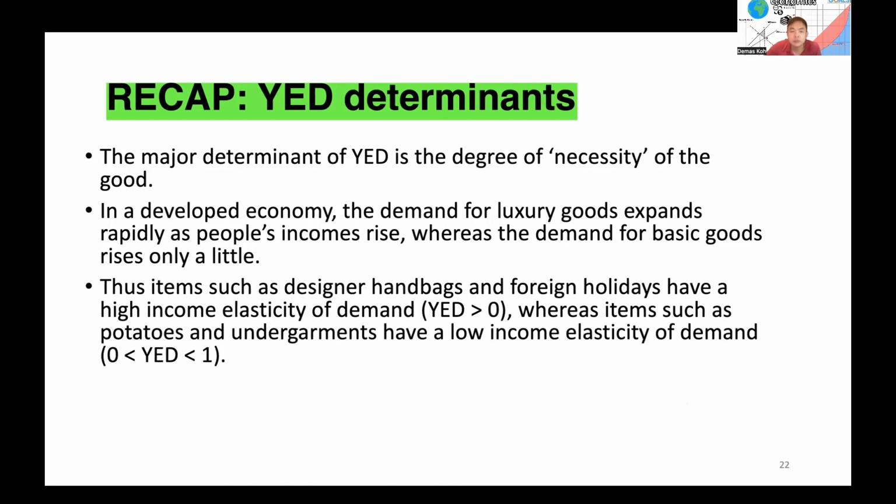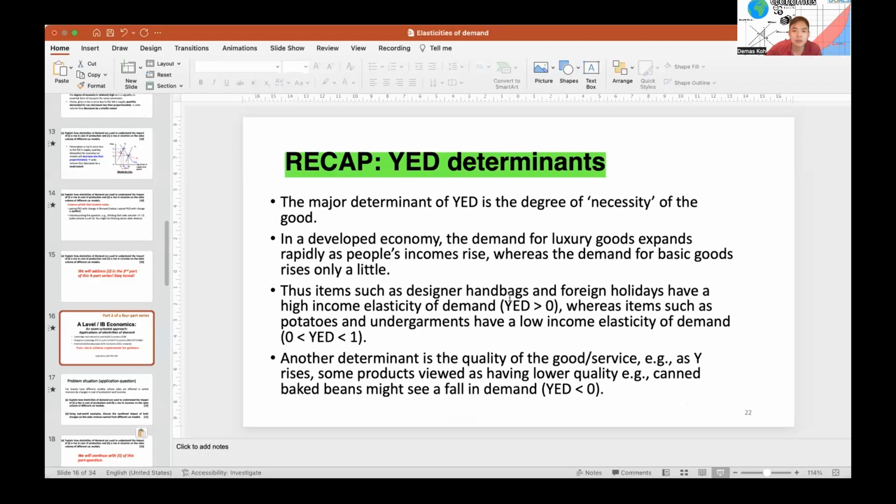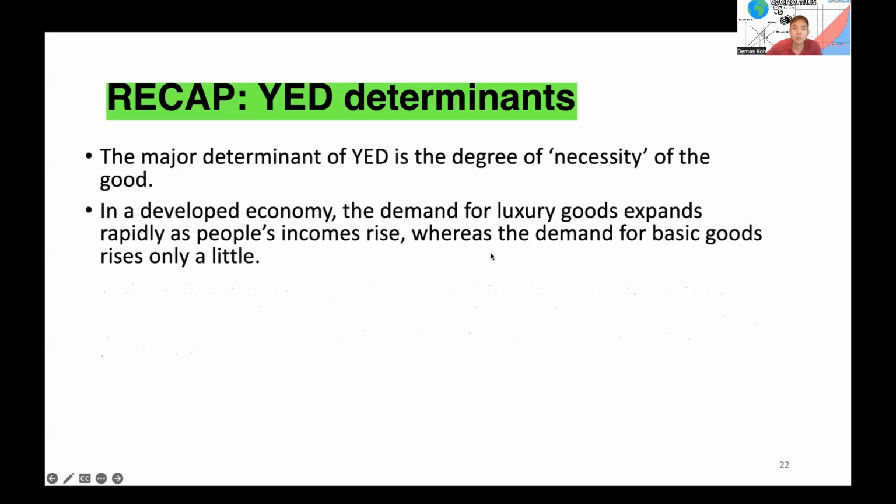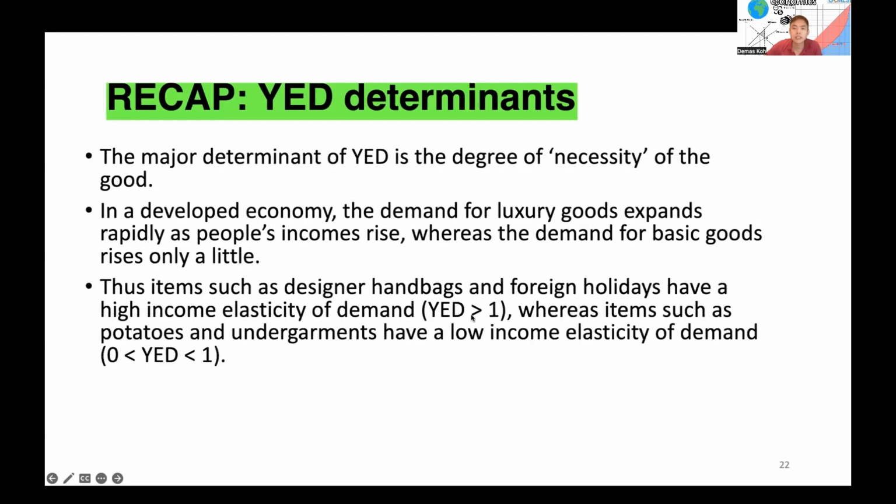For example, designer handbags and foreign holidays have very high income elasticity of demand. There is a typo here, I meant to write 1. Here YED is greater than 1, whereas items such as potatoes and undergarments have a low income elasticity of demand. It's between 0 and 1.